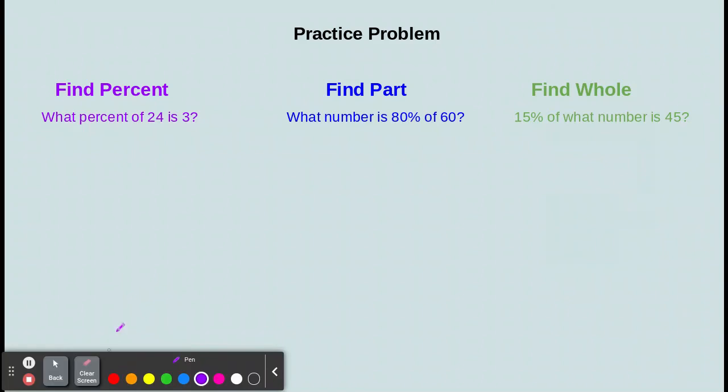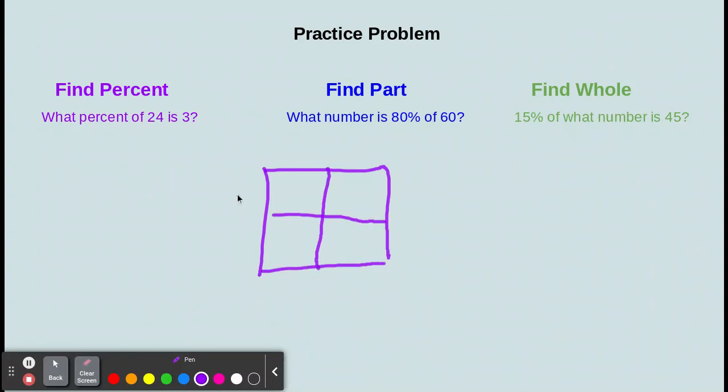All right, the first practice problem, remember we're going to use our box. And we have is, of, our percent symbol, and this is always 100. Okay, and then we have our equals sign in the middle. So let's look at our first question. What percent of 24 is 3?